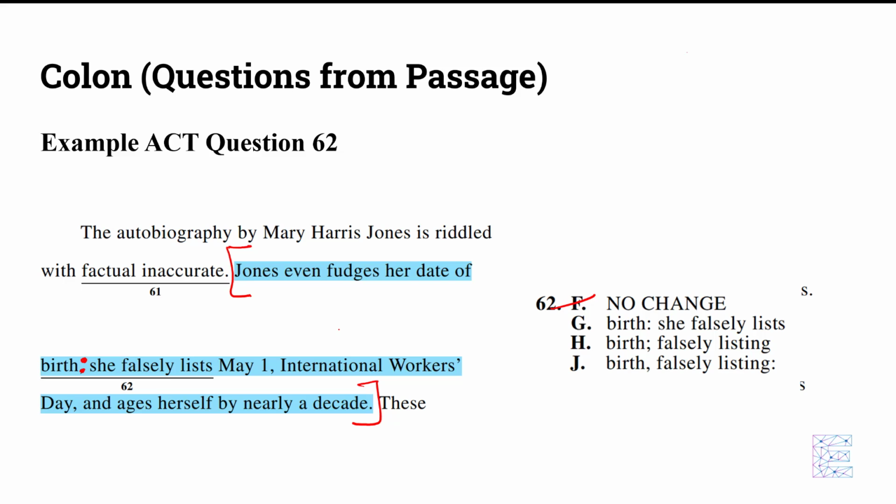It goes on to explain, how does she fudge her date of birth? This is the explanation example. She fudges it by falsely listing May 1st, which is International Workers' Day, and ends up aging herself by nearly a decade. So the answer is G. And we can move on from this.